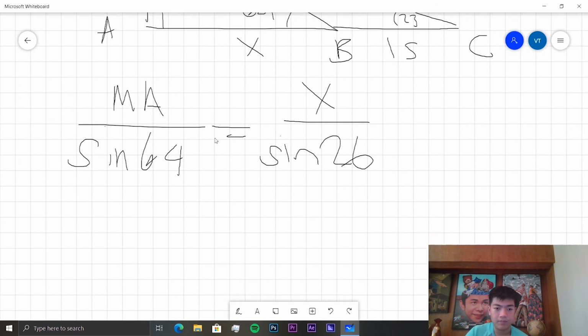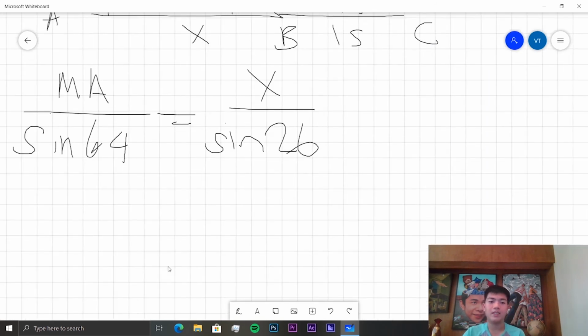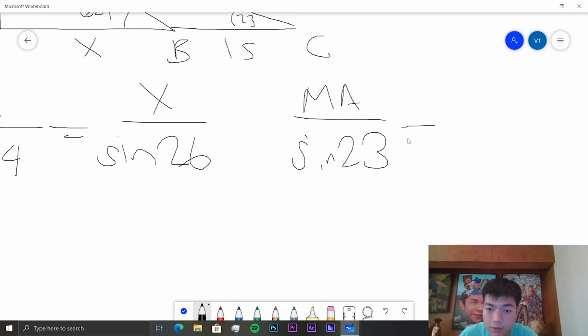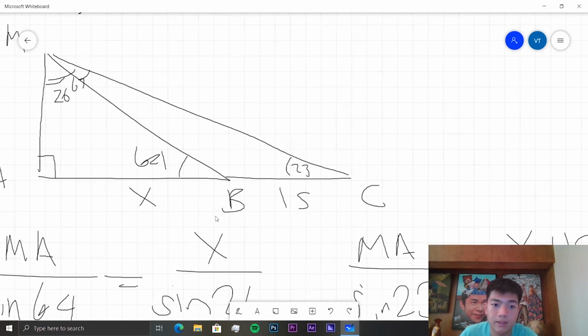But we actually have another equation we can get, and we have MA over sine 23 is equal to x plus 15 over sine 67.